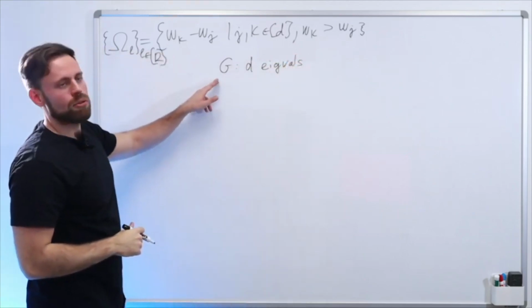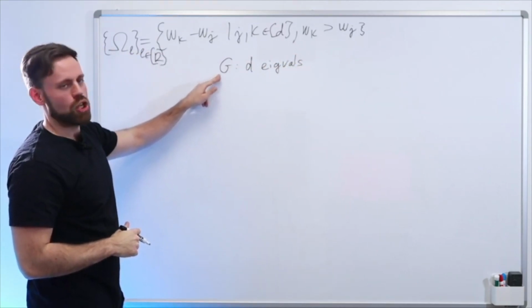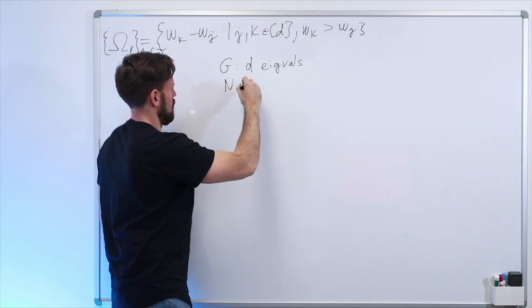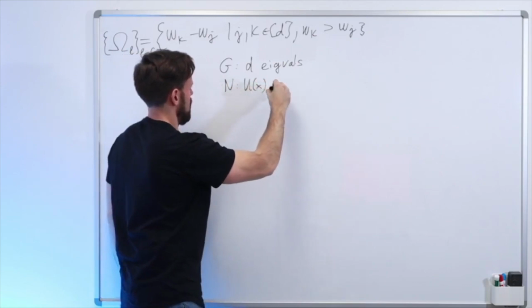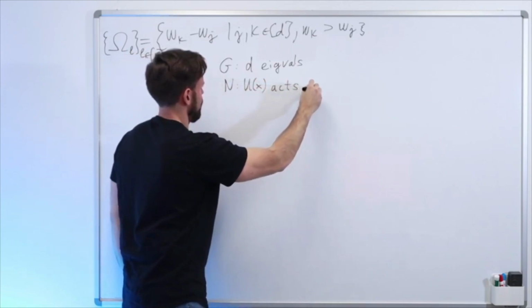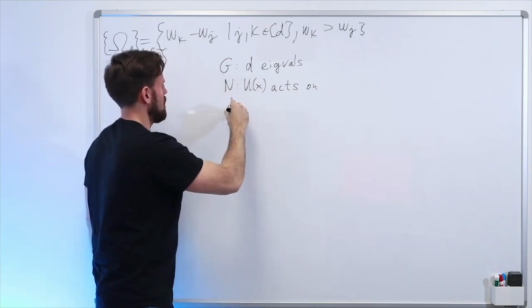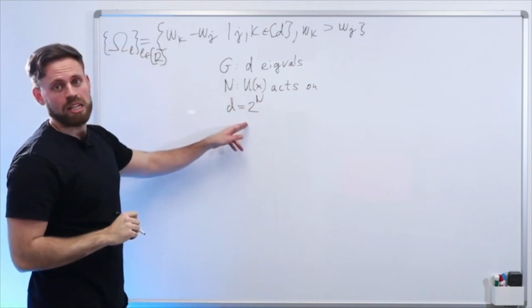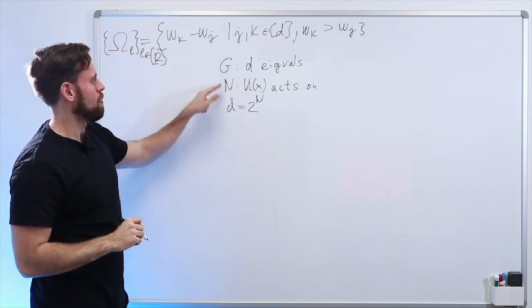Well, if our unitary Ux, which G generates, acts on n qubits, then D is going to be equal to 2 to the power of n. So we will have exponentially many eigenvalues for this generator.